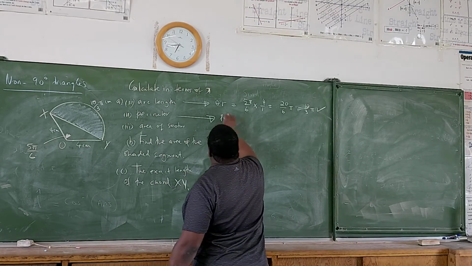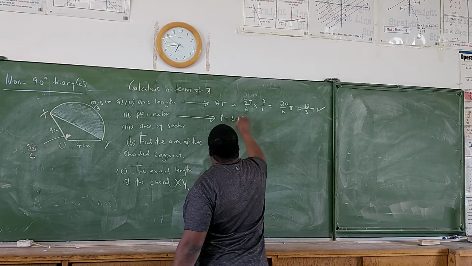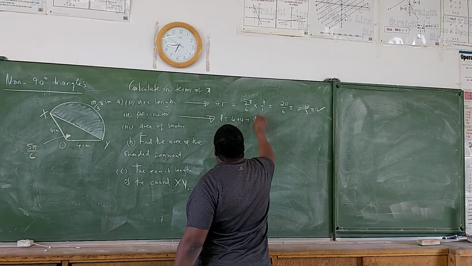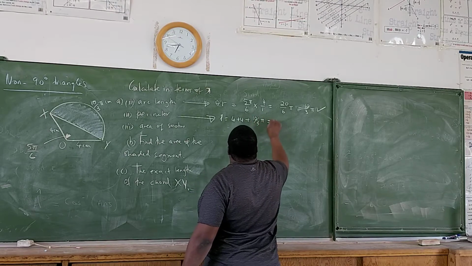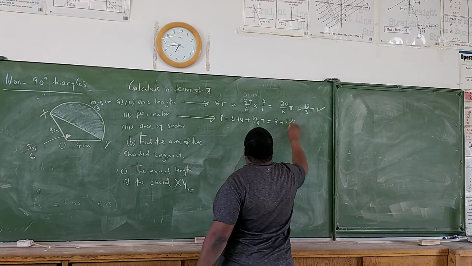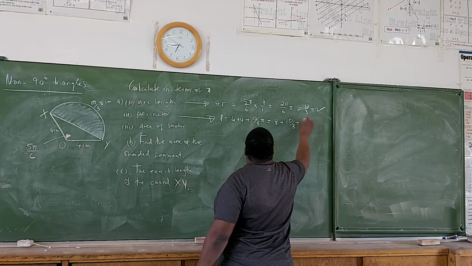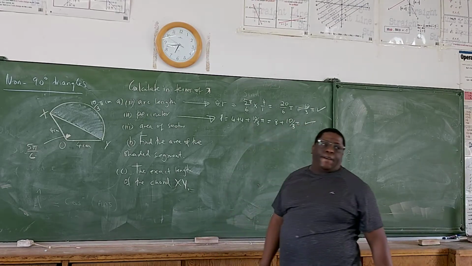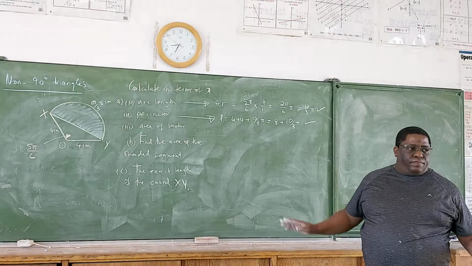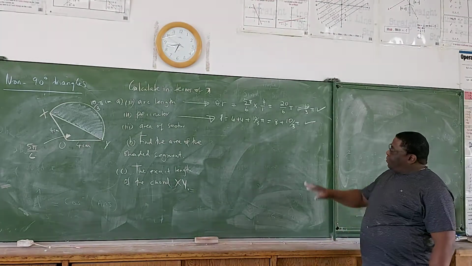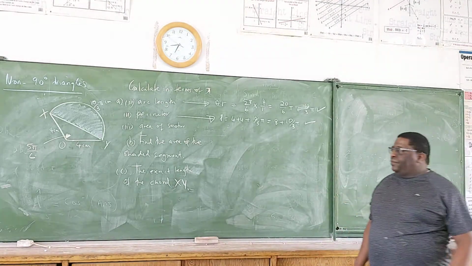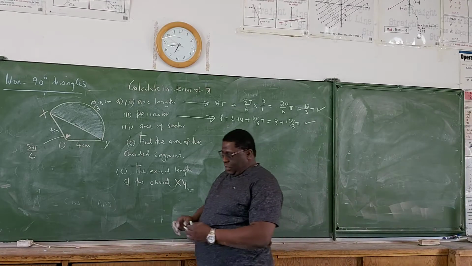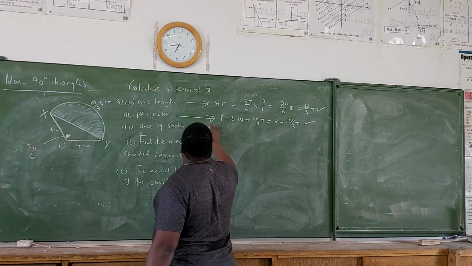So the perimeter is equal to 4 plus 4 plus 10 upon 3 pi, which is 8 plus 10 upon 3 pi. That's it. There's nothing further to do.